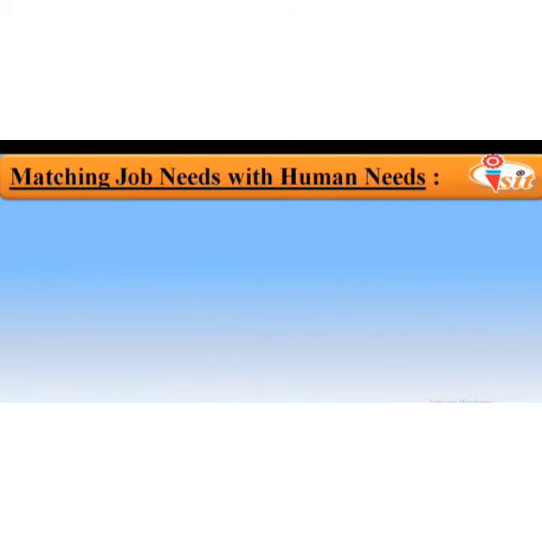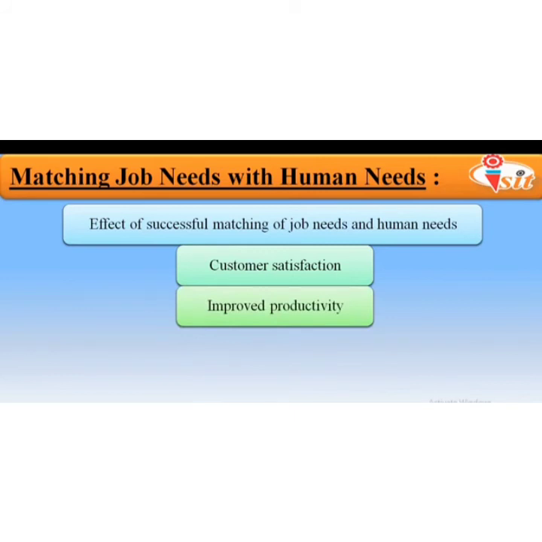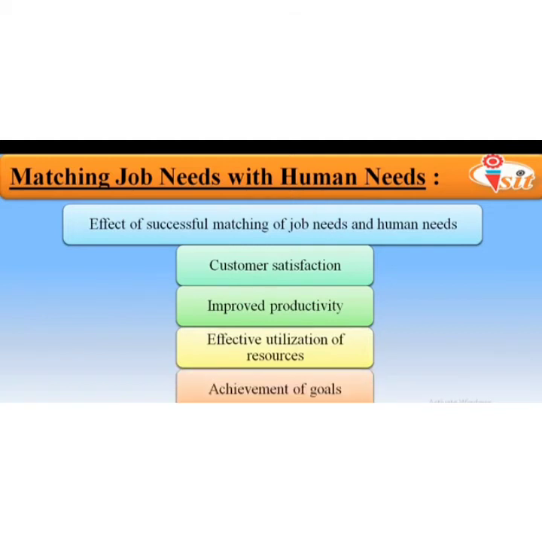Matching job needs with human needs. Up till now we have studied all the human needs as well as the job needs. If all the human needs and job needs are successfully matched, then the result will be, first, customer satisfaction; second, improved productivity; next, effective utilization of resources; and the last advantage will be achievement of goals.